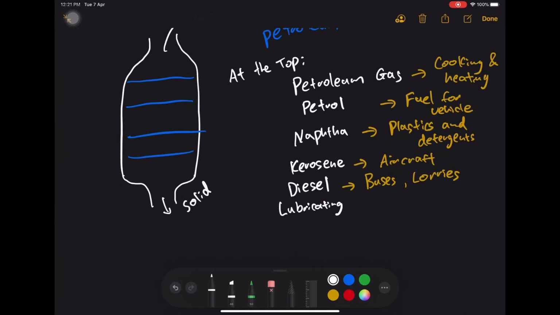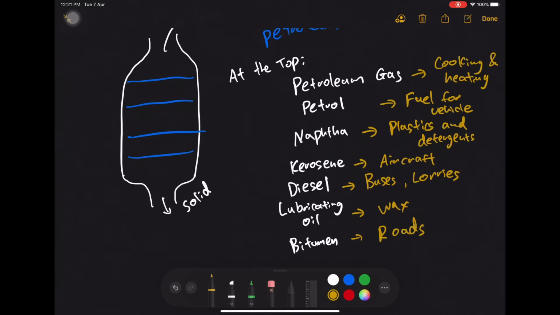By the name you know that this is used to lubricate machines, making wax. It's used to reduce friction. And the last one on this list, we have our bitumen. And bitumen is the one that we use to make roads.